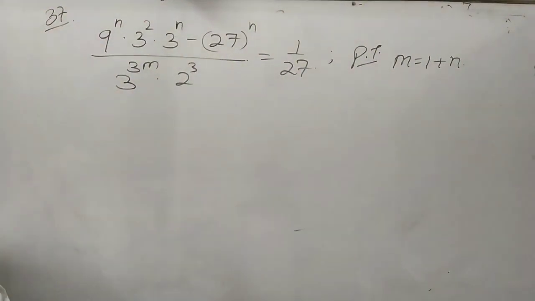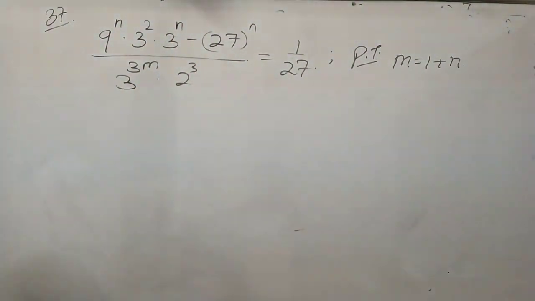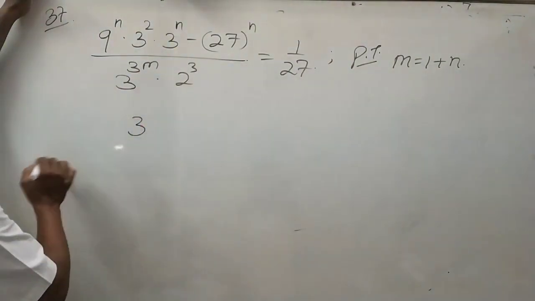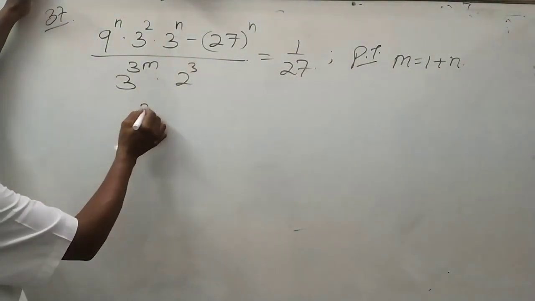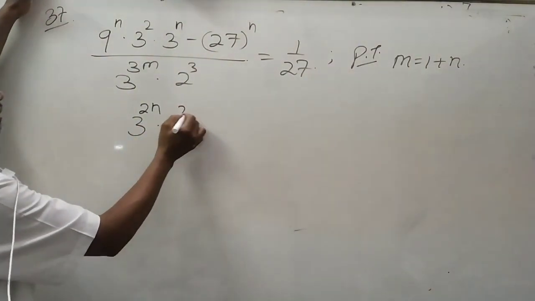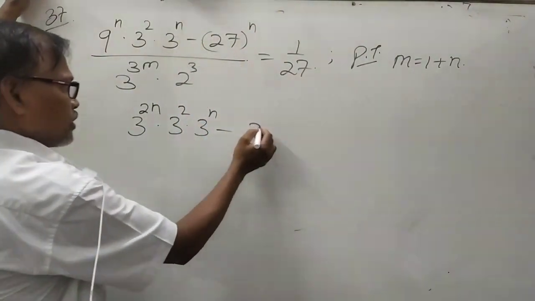How to show? Can you see every number is in terms of 3? Change it in terms of 3. 9 to the power n you can write as 3 square to the power n, so it will be 3 to the power 2n, because it is n. This is 3 square, this is 3 to the power n. Can you write this as 3 cube?